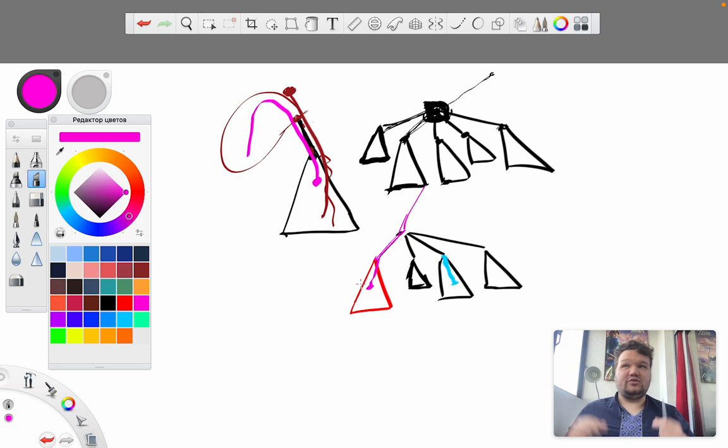That's it. So, to summarize, we do binary search on the answer, then calculate this dp. We root the tree anywhere. Calculate this dp, and to recalculate, we need to consider several cases. I guess we will maintain the minimum dp value and maximum dp value.